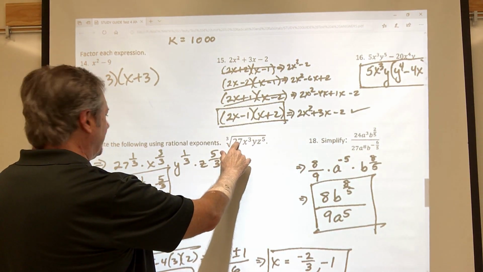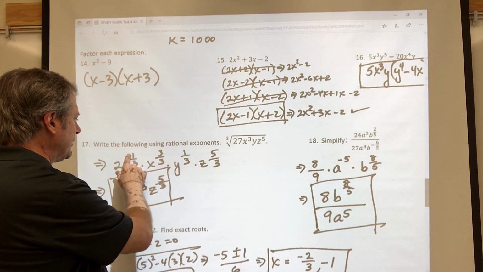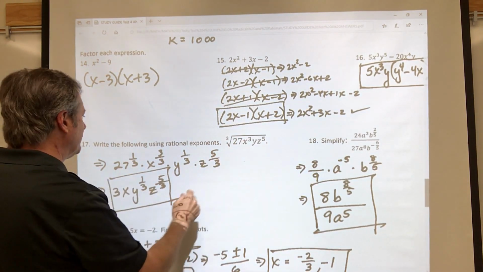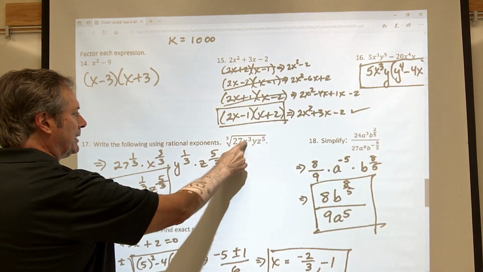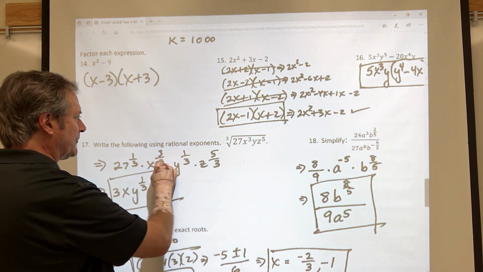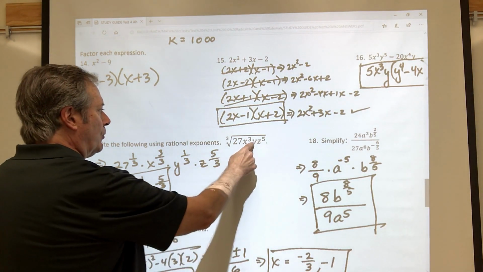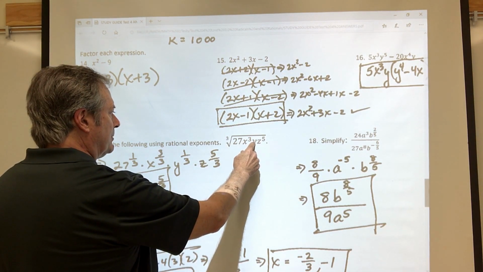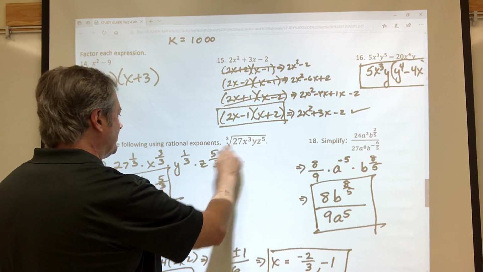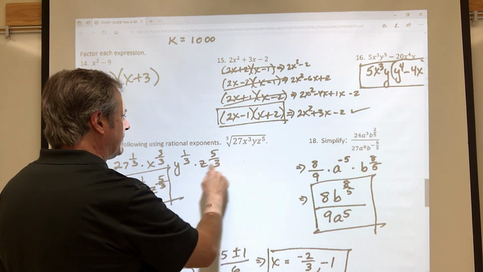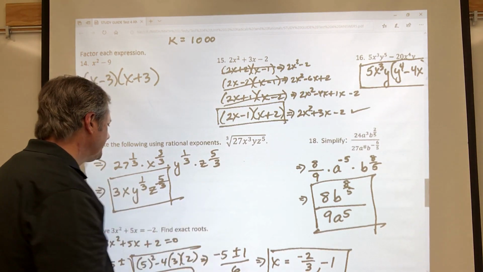The cube root of 27 would be the same as 27 to the 1 over 3. The cube root of x cubed would be the same as x to the 3 over 3. Remember, the index number is always the denominator. The cube root of y to the 1 power would be y to the 1/3. And the cube root of z to the 5 would be z to the 5/3.